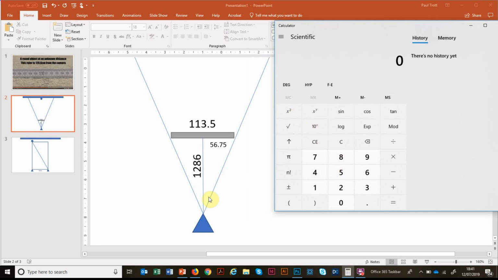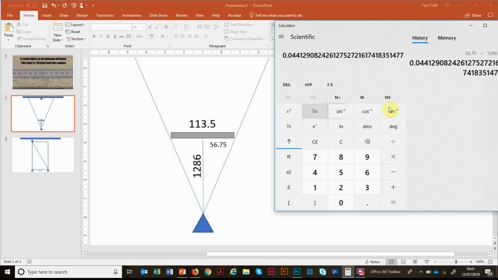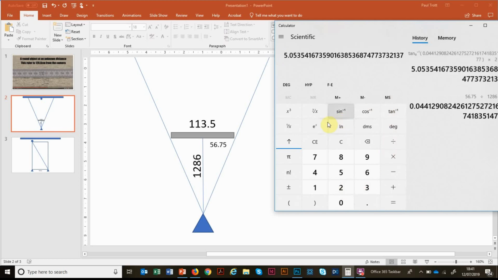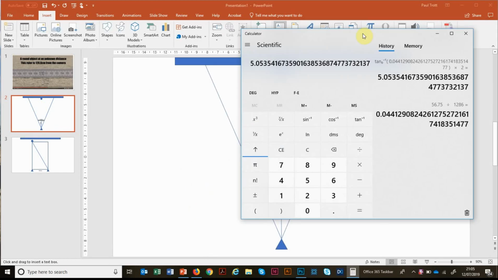So the tangent of this angle is opposite over adjacent, so 56.75 divided by 1,286, and then we need the inverse tangent to get the angle. So the angle is 2.52 degrees. We'll multiply that by 2 to get the full angle. So the angle is 5 degrees in total, just over.